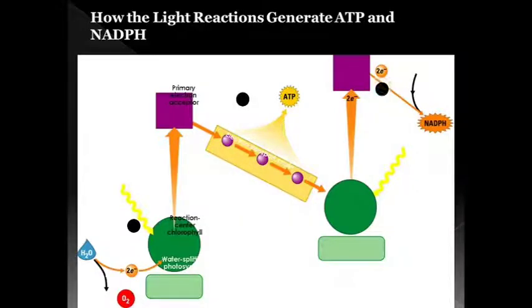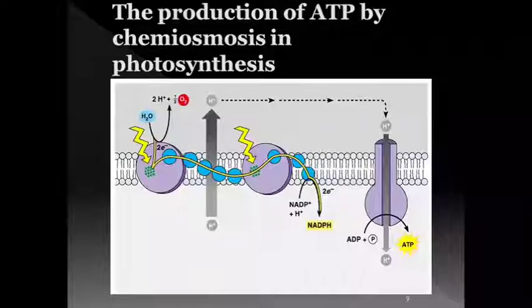We can see the whole process, the migration of electrons, then the production of ATP by chemiosmosis in photosynthesis.